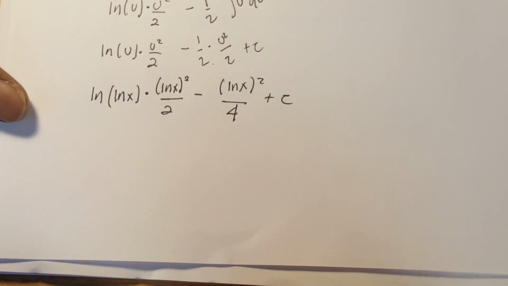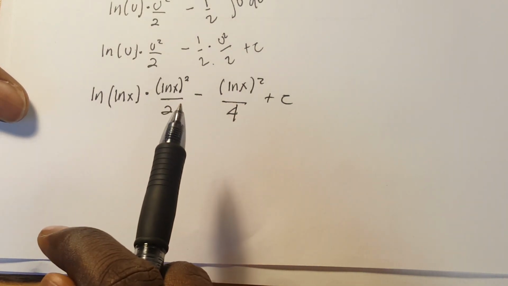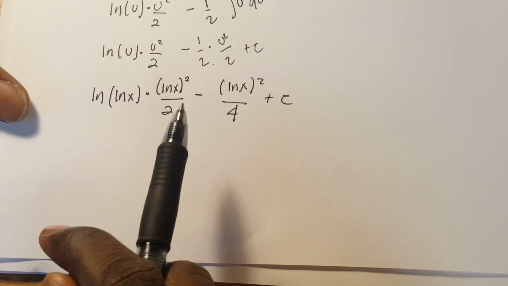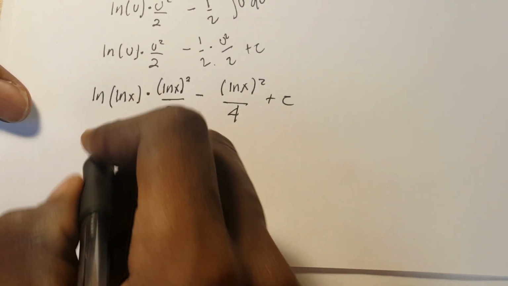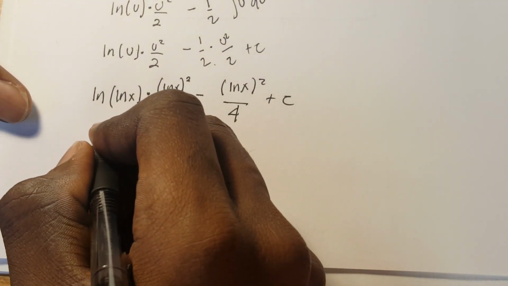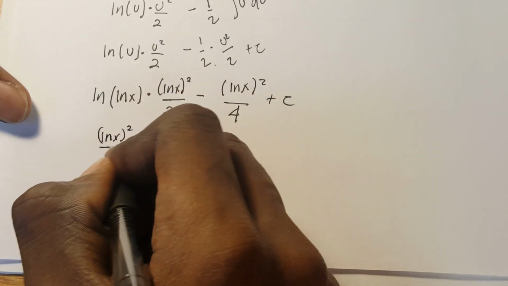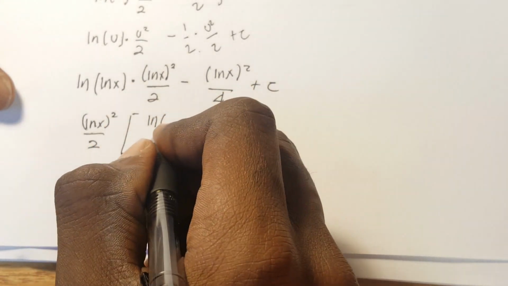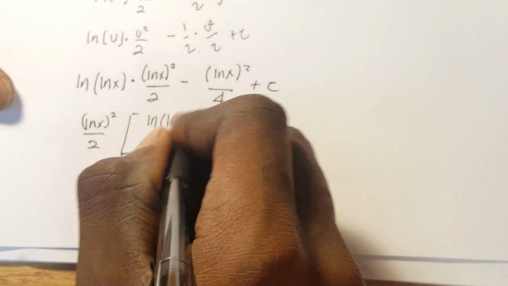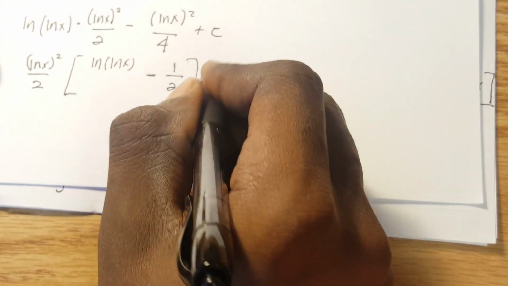Now we have natural log x squared divided by 2 on both sides, so we're going to take it out. So we will have natural log x all squared divided by 2 being multiplied by the natural log of x minus 1 over 2, plus c.